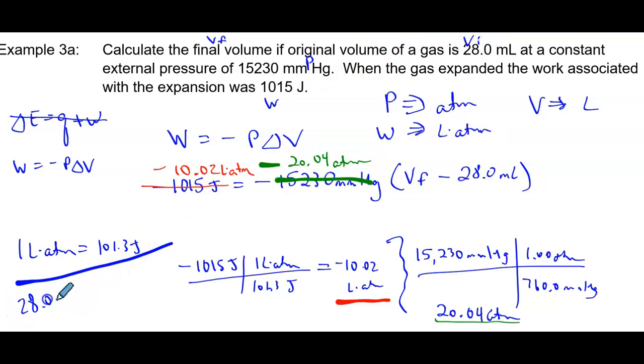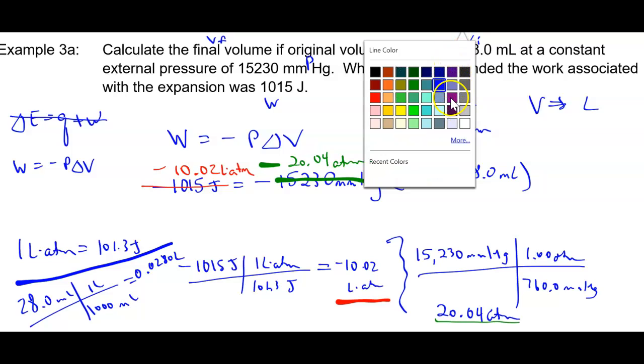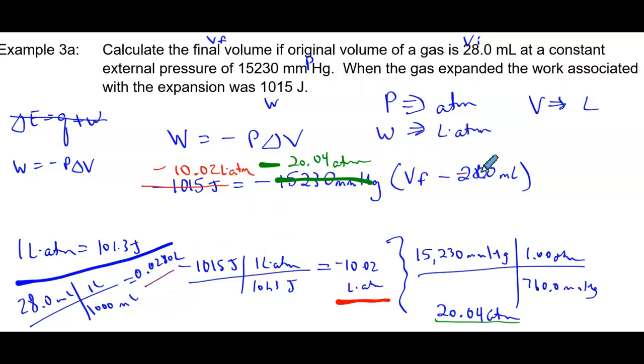So 28.0 milliliters, and we know there are 1,000 milliliters in a liter. So this is going to be 0.0280 liters. So that's that color. So this is going to become 0.0280 liters.